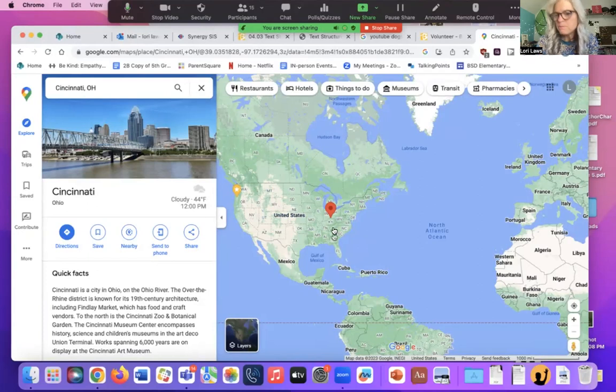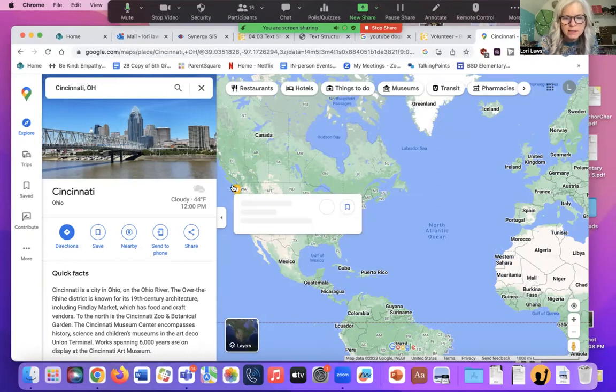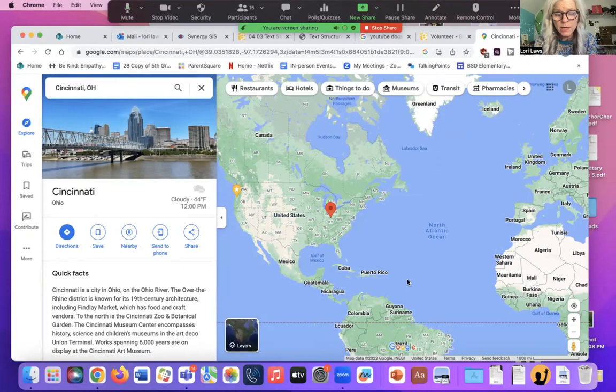At one time, when the US was developing, and we haven't talked too much about this, people came over from Europe, they came across and they lived here for the most part. And they saw the rest of this as just wilderness. They didn't even really know what was there. But over time, we spread across the US. We're going to talk a little bit about that when we talk about history later on.